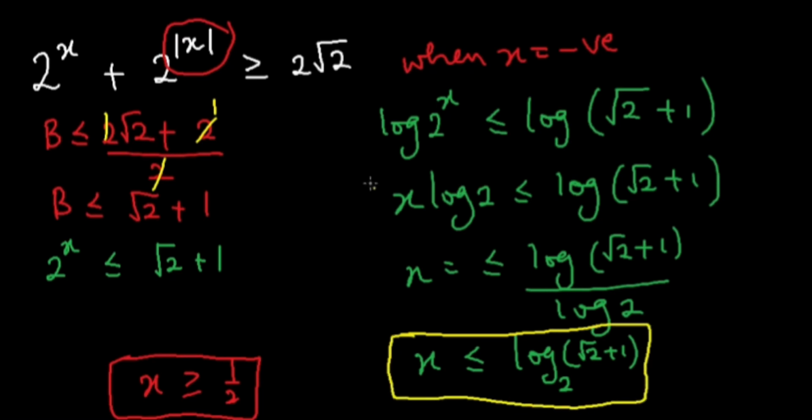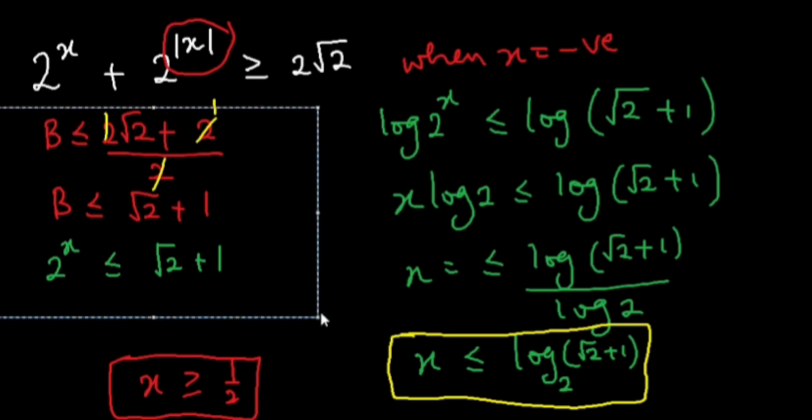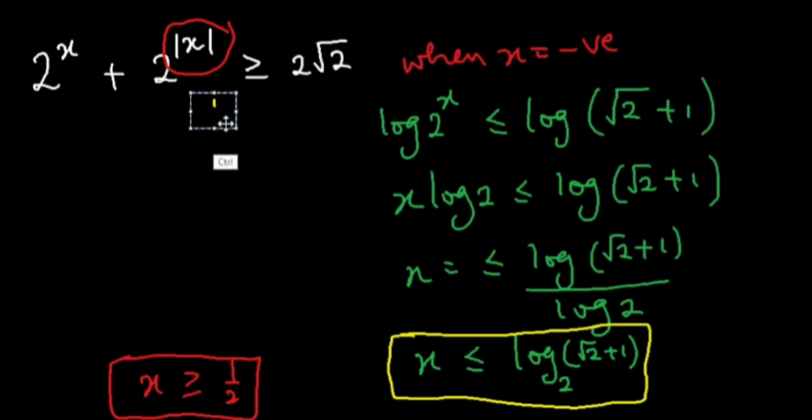So I've been able to get my value for x when the x is positive and when the x is negative. So let's put it in interval notation form. In that case, I can't really join these two together because their signs are not coming up together. So our final answer will be x as a member of this first one here.